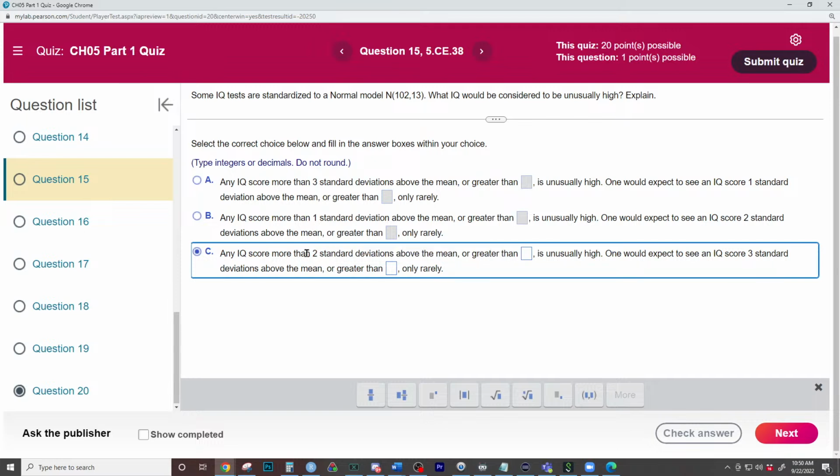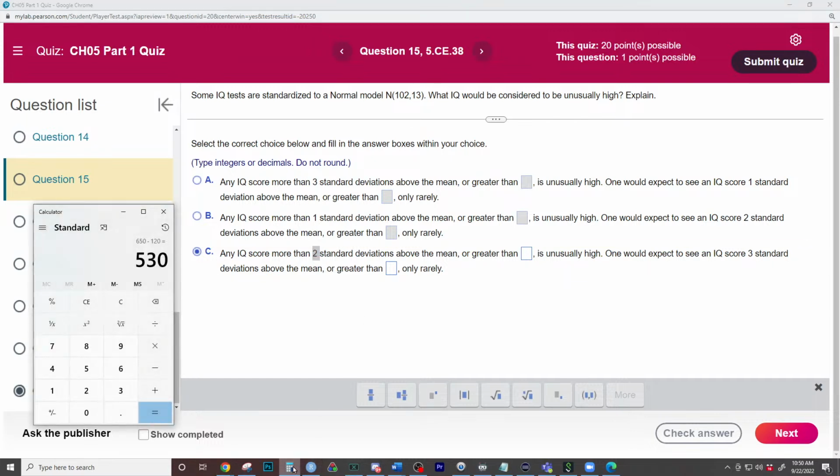So the z-score of 2, which is 2 standard deviations above the mean, what would you do right here with this information? What would you do? Multiply it by 13. Exactly.